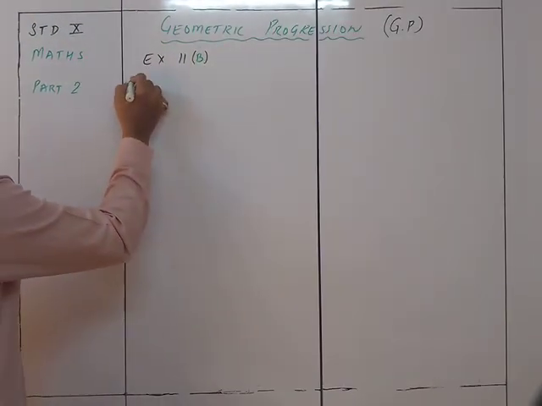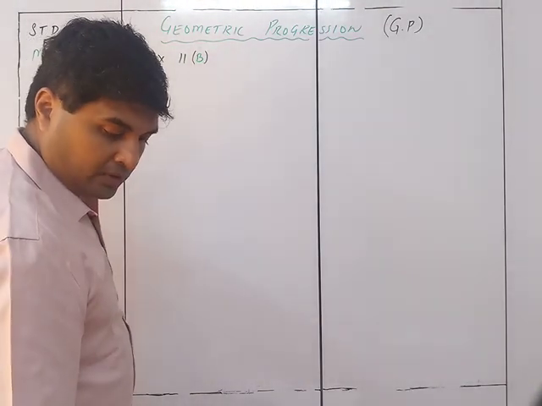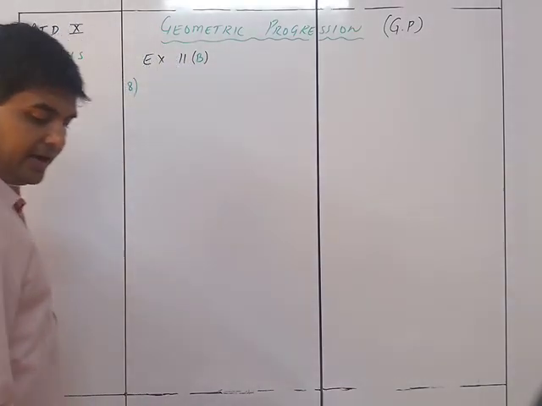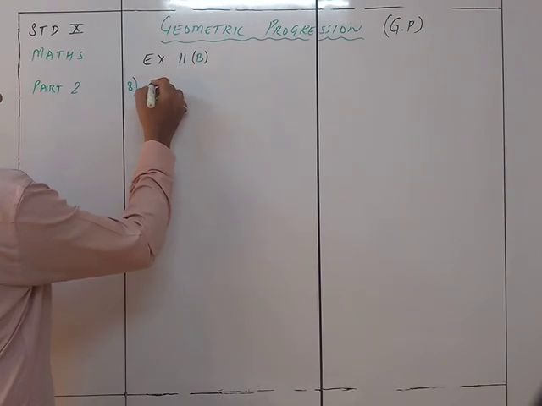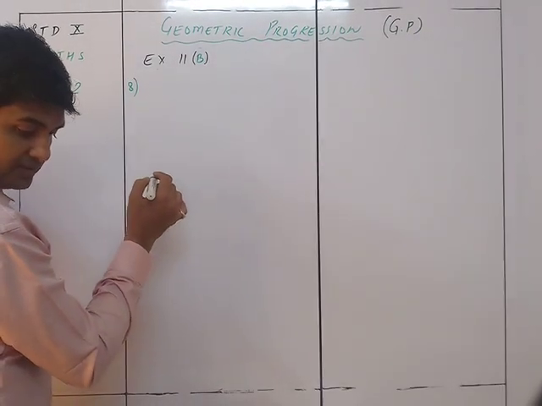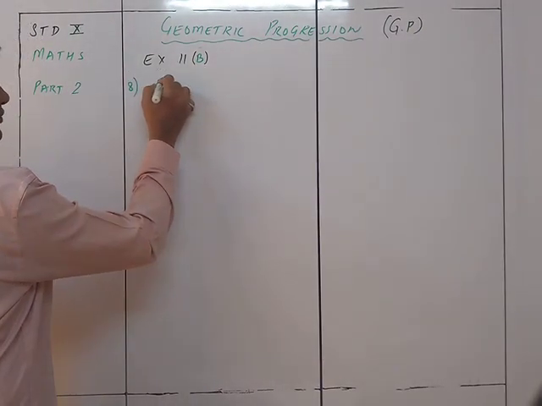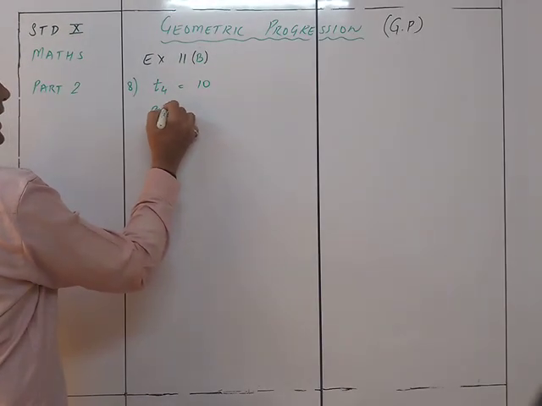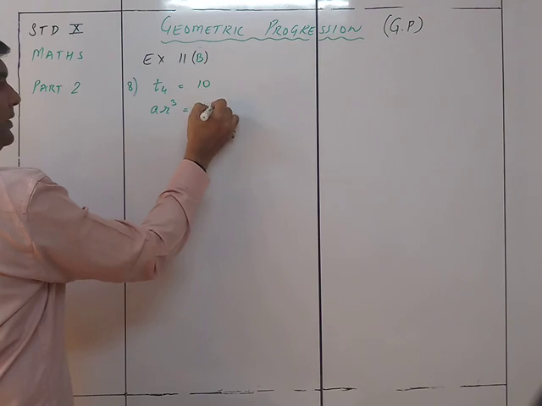So 8th sum. The 4th term, the 7th term and the last term of the geometric progression are 10, 80 and 2560. So first is the fourth term, T4 is equal to 10. So AR raised to 3 is equal to 10.